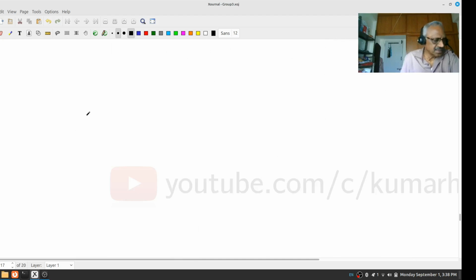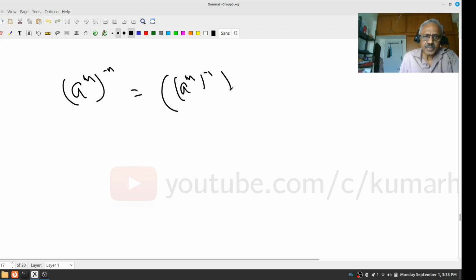The next case is a to the power m to the power minus n. Right. I am looking at all cases. This is a to the power m inverse to the power n. Call it b to the power minus n is b inverse to the power n, and that's what I'm using.